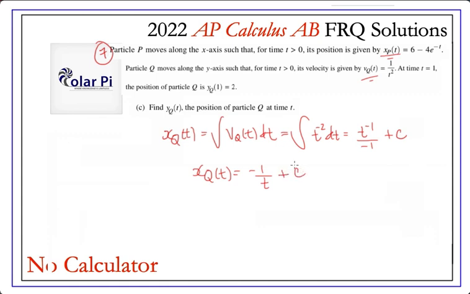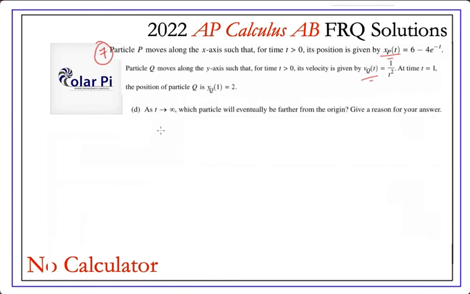Using x_Q of 1 is 2, we see that 2 is equal to negative 1 over 1 plus c, which means that c is equal to 3. So this is equal to negative 1 over t plus 3. Okay, cool. Next.